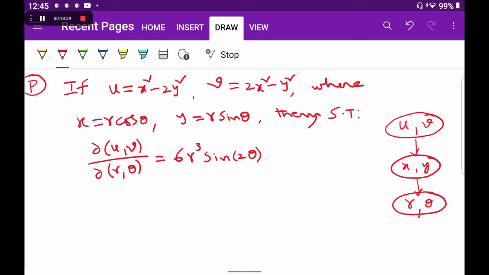So you are asked to find the Jacobian of uv with respect to r theta. We have to use chain rule. First you find the Jacobian of uv with respect to xy, and then the Jacobian of xy with respect to r theta, and then multiply these two, you get this answer.